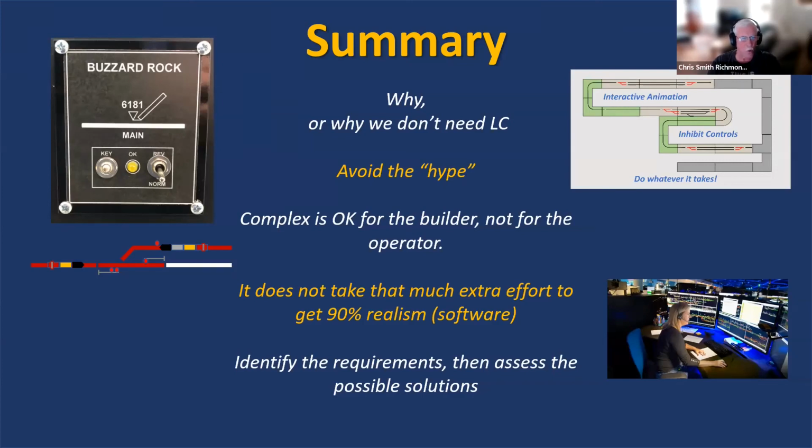I certainly don't want operators in the layout room that are confused, having a hard time trying to figure out a very complicated system. We have found that it's not very complicated at all, except for the builder. And it doesn't take that much extra effort to get 90% through software if you've already got the hardware and the signals in place, for example. And that is pretty much it, Jim.